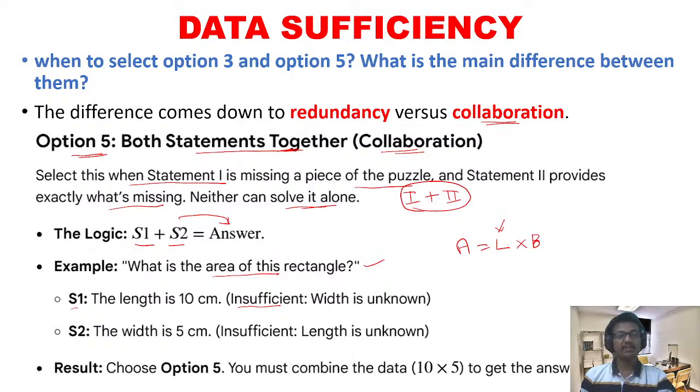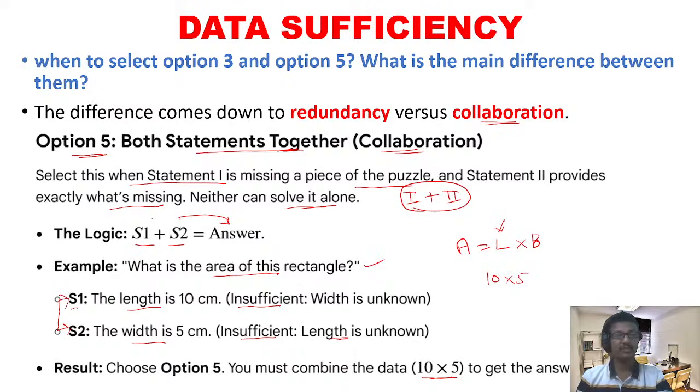Statement 2: the width is 5 centimeters. This is also insufficient, because it does not mention the length. The length is unknown, so using this statement alone, you cannot calculate the area of the rectangle. But combining these two statements, you have the length and the width, so you can calculate the area by multiplying the two values: 10 multiplied by 5 gives you the area of the rectangle.